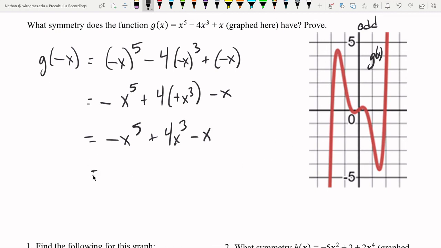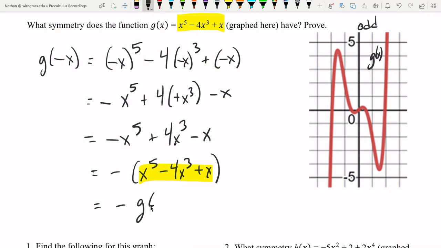And I can take a negative outside of that. We get x to the 5th minus 4x cubed plus x. But this is the same as that. So this is negative g of x. And this is the exact proof, the exact thing that we need, that it is odd symmetry.